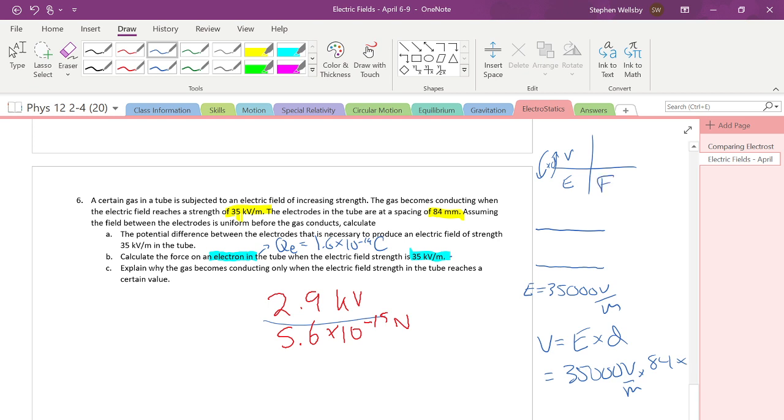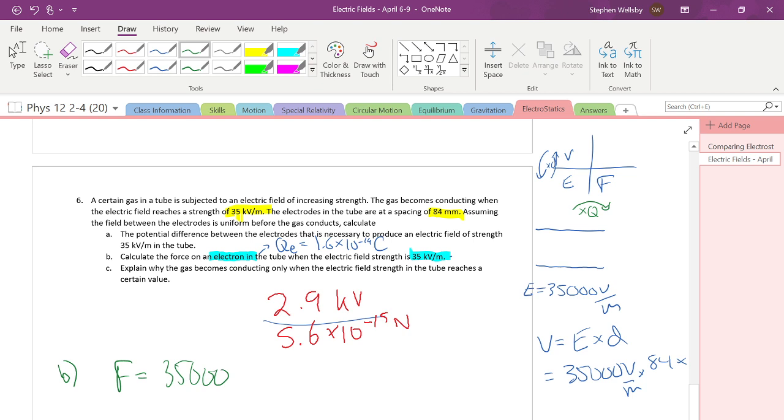And so now if we want to go from E to F, we would need to multiply by Q. So F equals E times Q, so F for part B is going to equal 35,000.